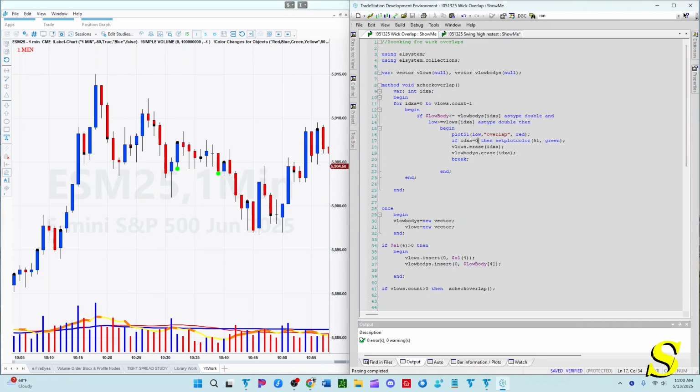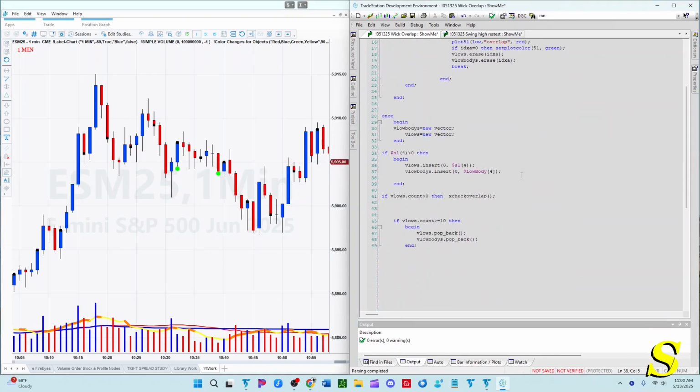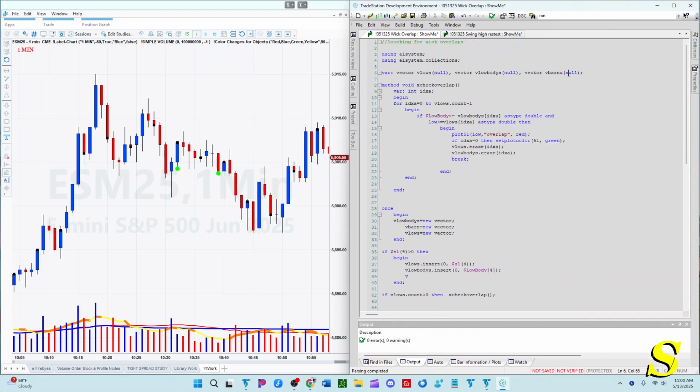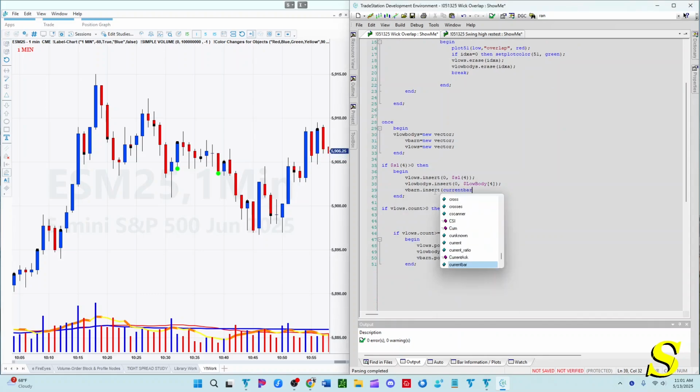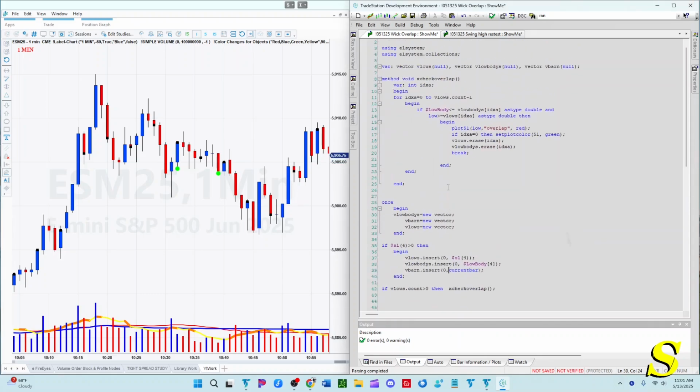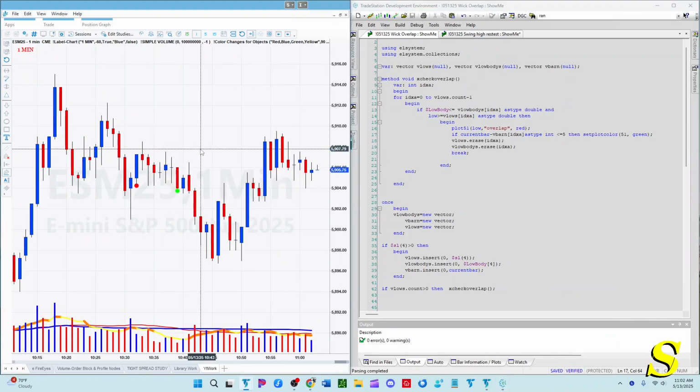So what I used to do this was multiple vectors. I had a vector for the bar number, I had a vector for the low, and I had a vector for the low of the body, right? So I was talking about that range for that swing low, that range of the low of the candle versus the low of the body.